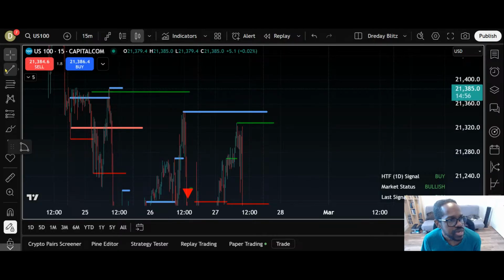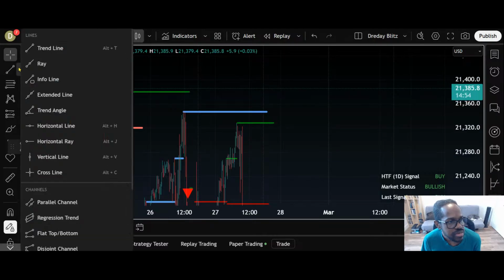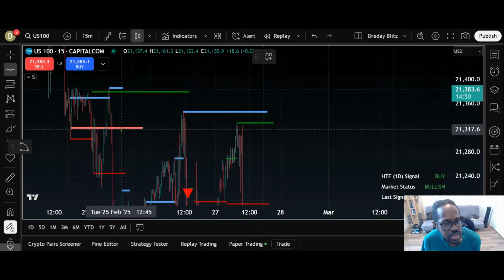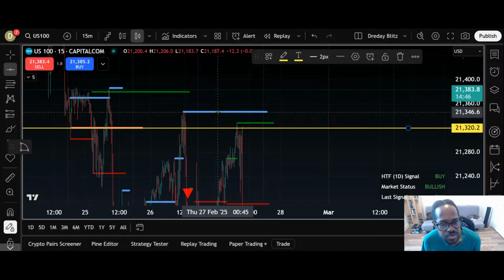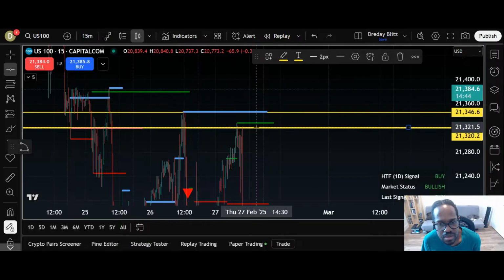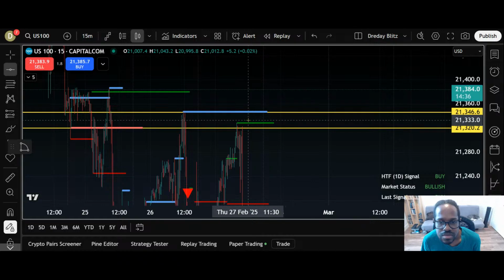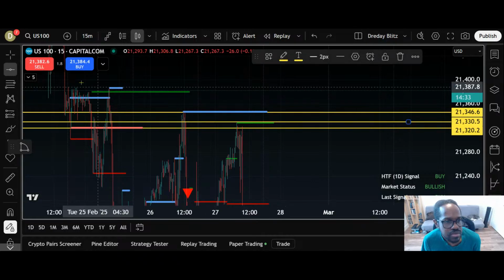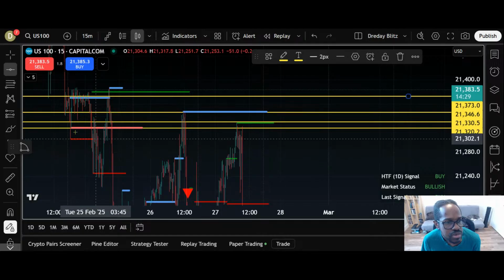So what I do here is I put some horizontal lines on all of the levels that I see after the... I'm just gonna remove this one, the entry, the signal that I had. Okay, so I'm gonna put multiple ones here.